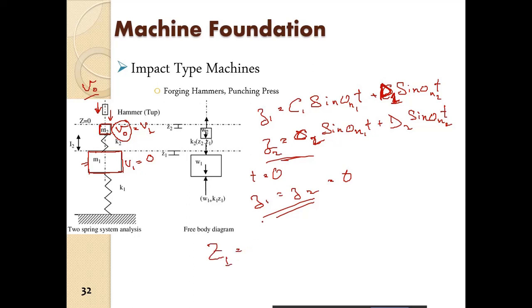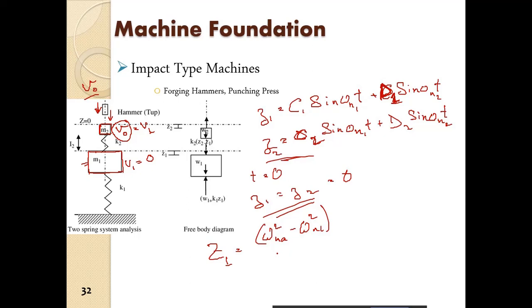That will be given by omega n a square minus omega n L square.